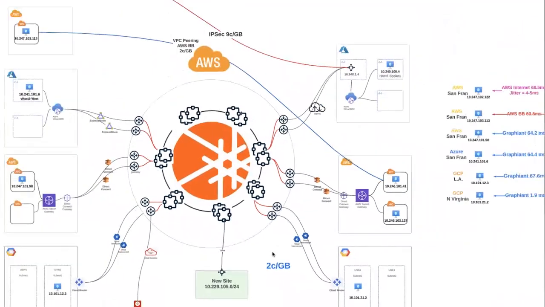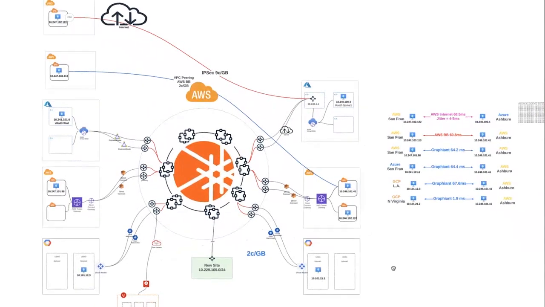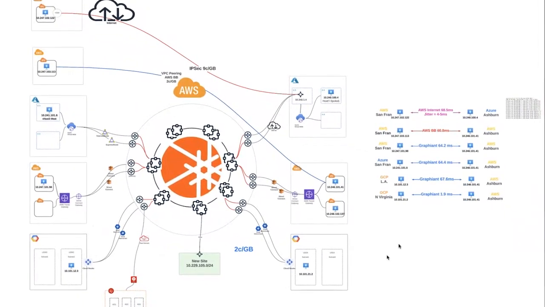Here are some results that we documented. After that, our customers felt much more comfortable going multi-cloud by utilizing our solution. In this particular testbed that we built, everything is connected to the Graphiant stateless core over private links.